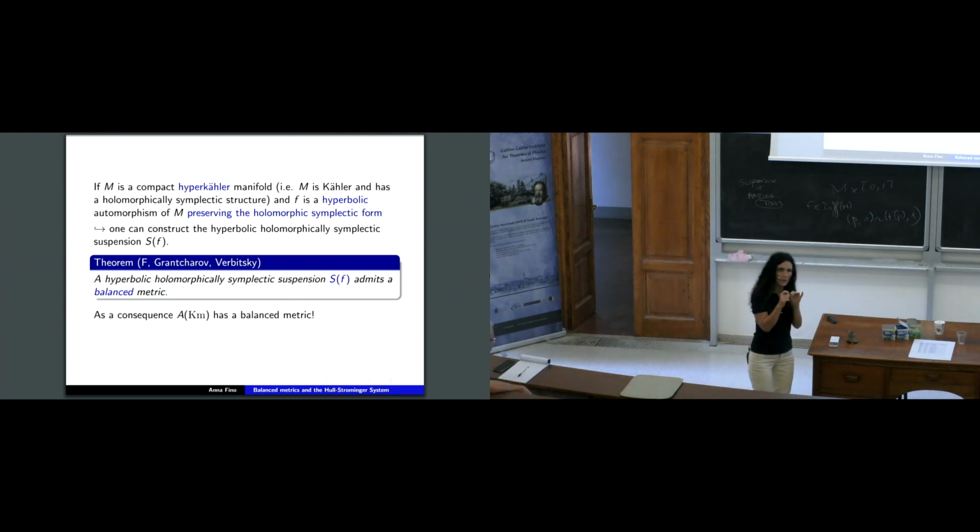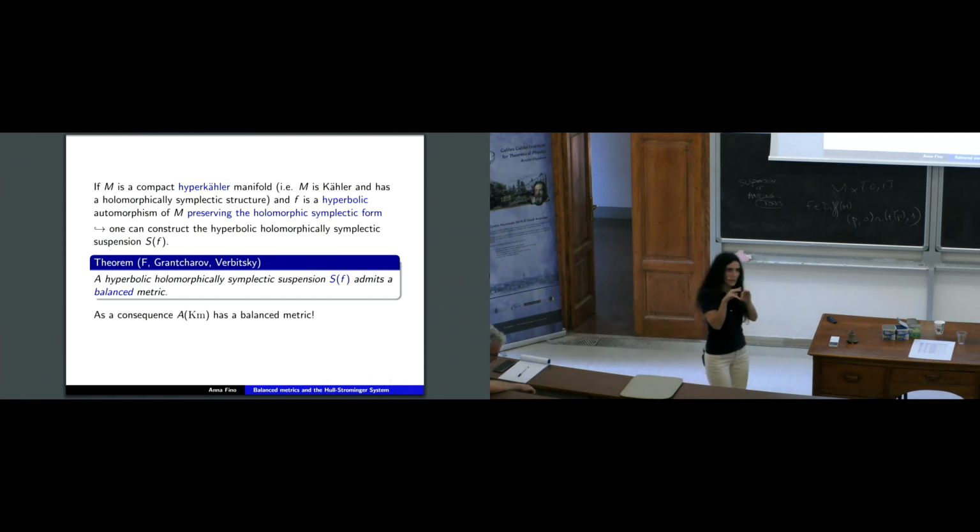This condition can be generalized a bit, because essentially what we need is just that it preserves a volume on the manifold, and one can construct the holomorphic symplectic suspension. And we show with Grantcharov and Verbitsky that in fact you always have a balanced metric.